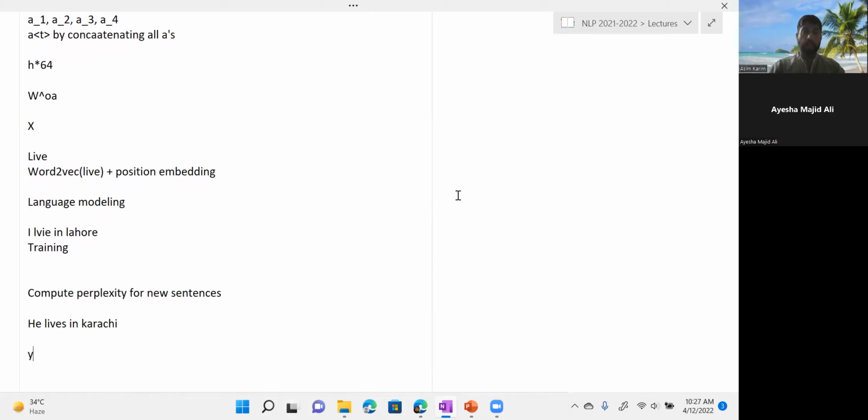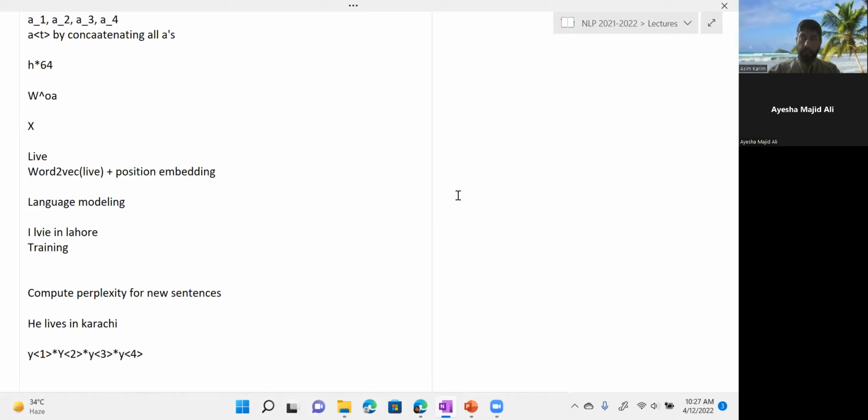This would be the probability of the entire sentence. What is Y? This is the max probability that is outputted at that position. So it's not the word, it's the probability. I'm using it here as a probability.